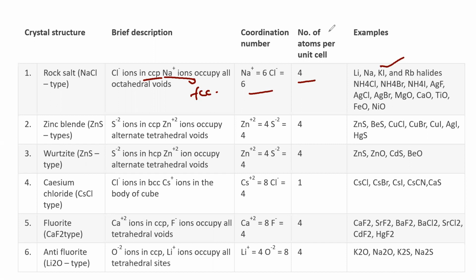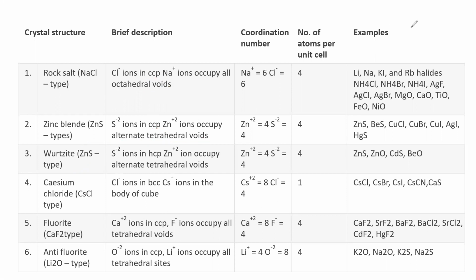Next, coming to the zinc blende structure, the second one. We have two types of structures. One is the zinc blende structure, zinc sulfide, and the other is the wurtzite structure. In the zinc blende structure, sulfide ions occupy CCP and zinc ions occupy alternate tetrahedral voids. That's why, for the students' convenience, all the important points have been categorized in tabular form.